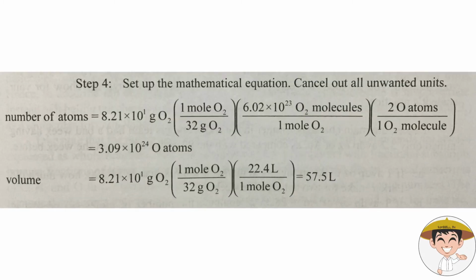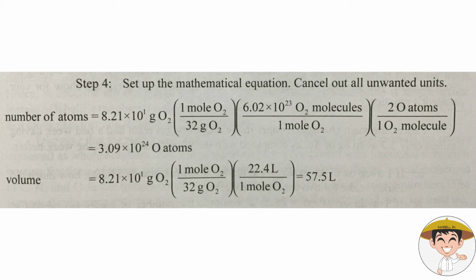So let's set up the mathematical equation and cancel out all unwanted units. In a single step, we are going to get the number of atoms of the oxygen gas. Given 8.21 times 10 raised to 1 grams of oxygen gas, we multiply it with the reversed molar mass so that we can cancel out grams. Then multiply it with the conversion factor of Avogadro's number so that we can cancel out mole.